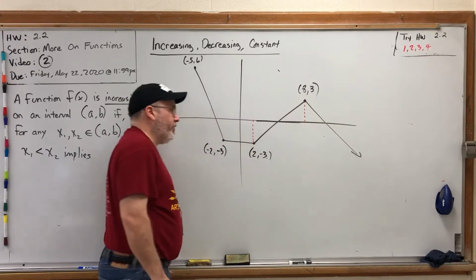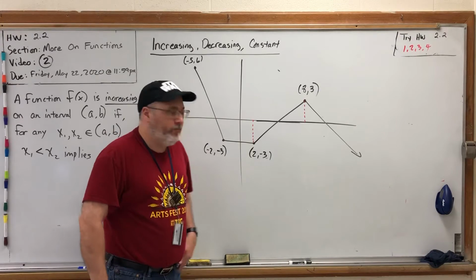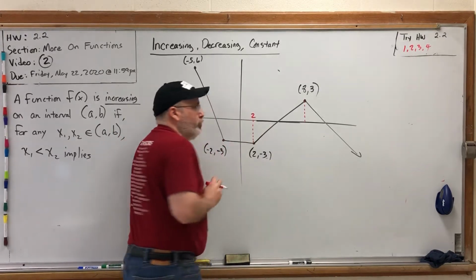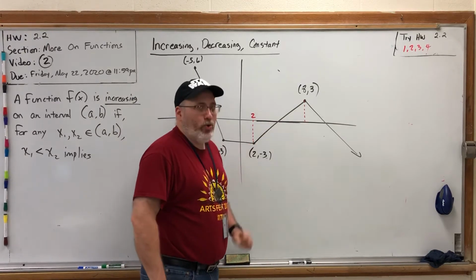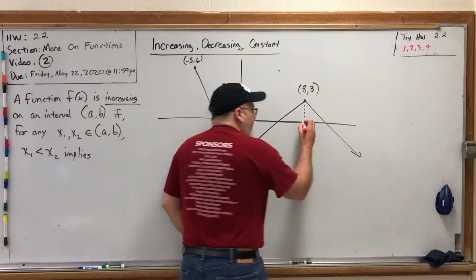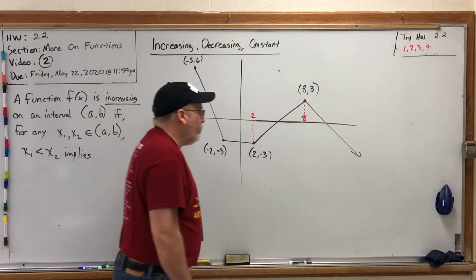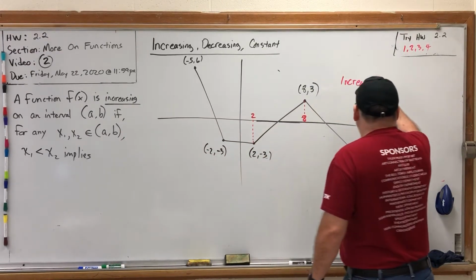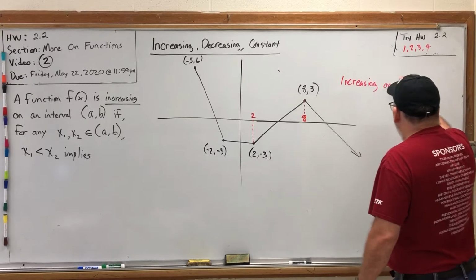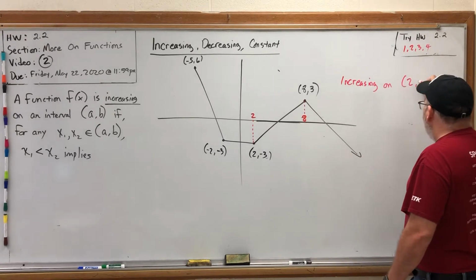What is the x value where this graph starts going up? 2. And what is the x value where the graph stops going up? 8. So we already know that this graph is increasing on the interval of x values (2, 8).